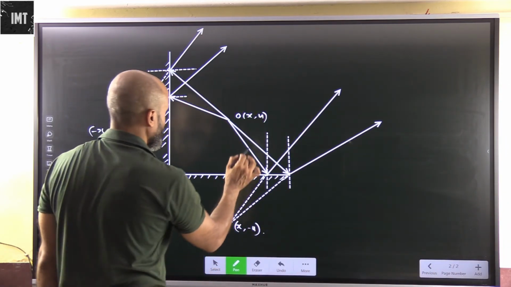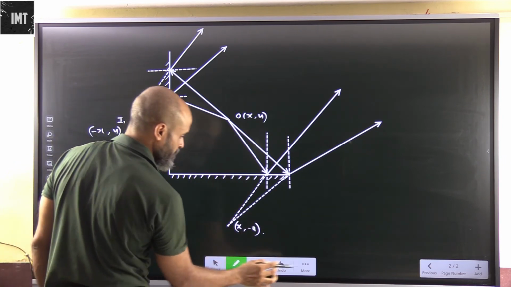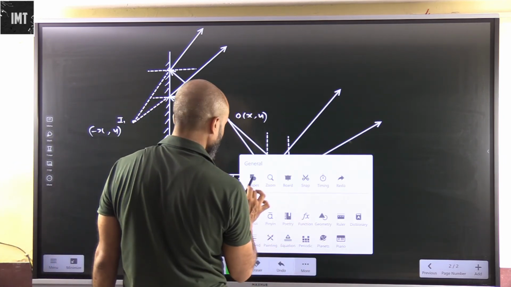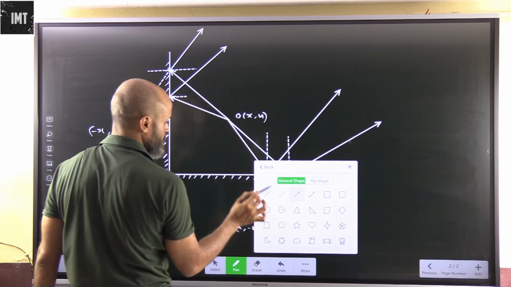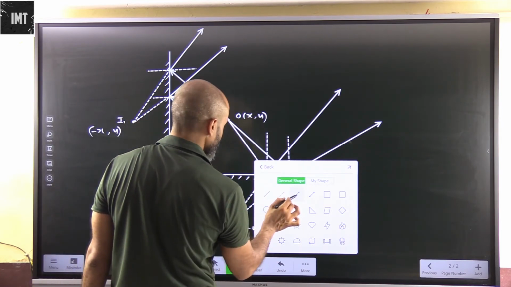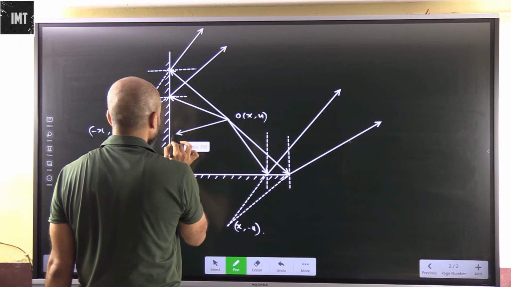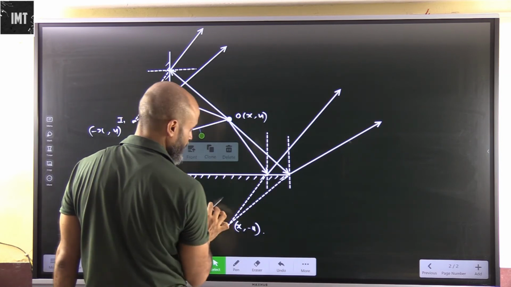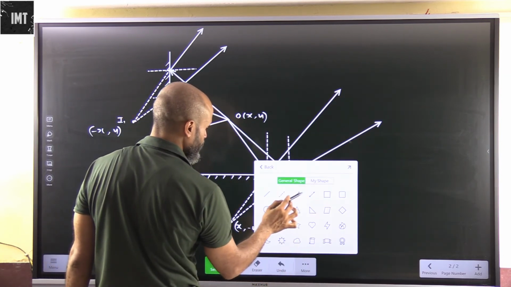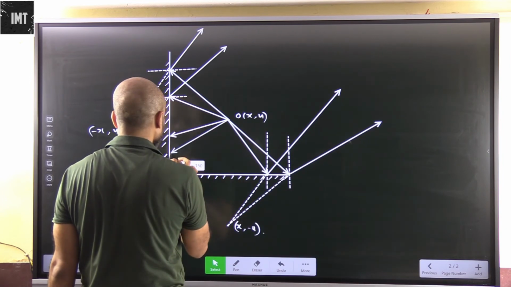Okay, so if I happen to draw another ray like this, maybe too many rays will confuse you, but let's just choose this ray here. This is falling like this, and let's say we have another ray which is falling like this.